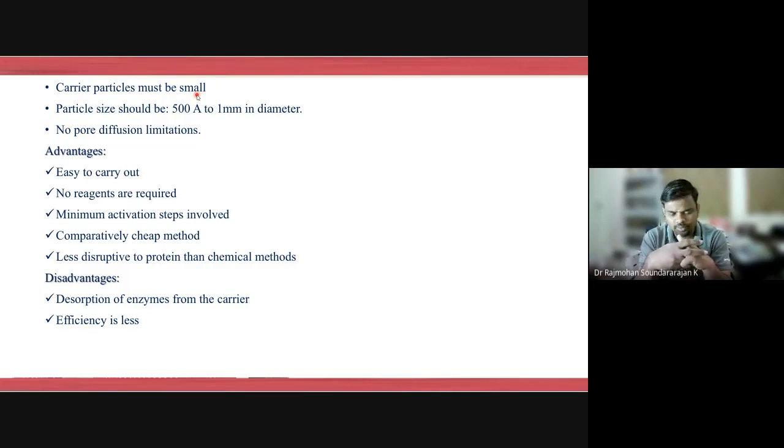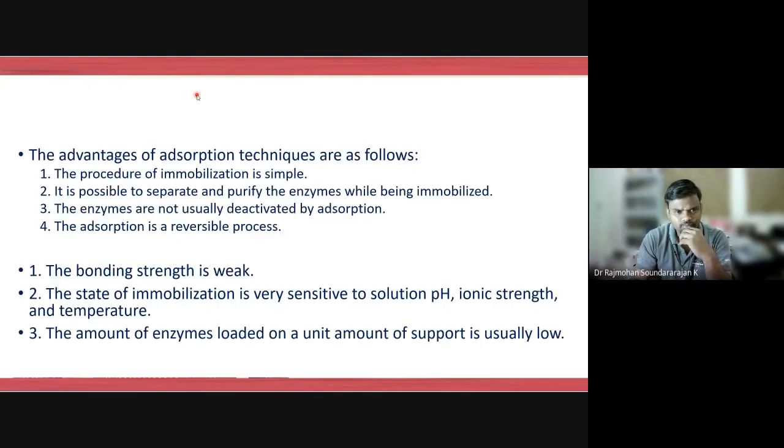And in comparison to the chemical method, the efficiencies will be slightly lower. So to repeat the advantages: the immobilization procedure is simple. It is easy to separate and purify the enzymes while being immobilized. The enzymes are not usually deactivated by adsorption during the process, whereas chemicals would deactivate them, and adsorption is a reversible process.